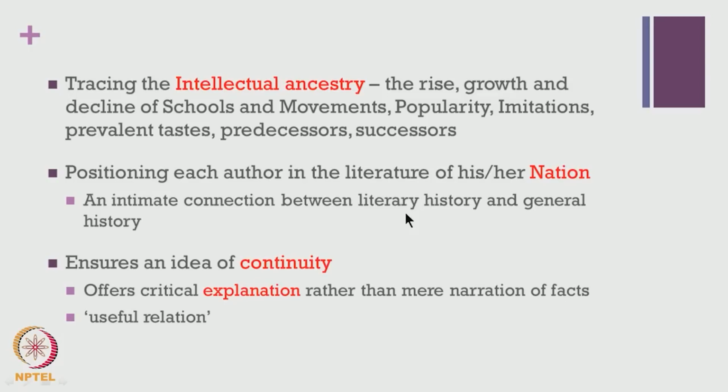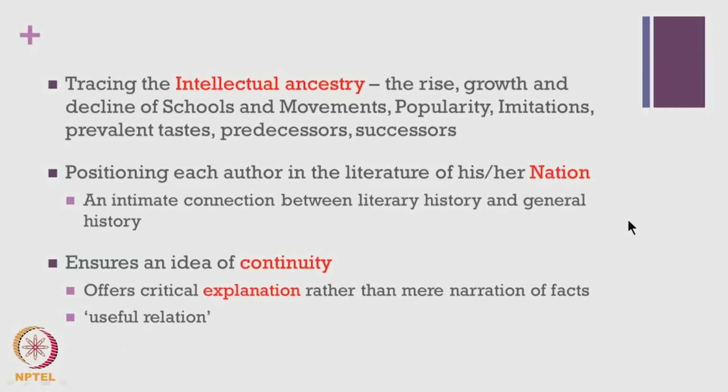So, this intellectual ancestry is very important, not just for understanding literary history, but also for our understanding of a nation in general. It would be useful to remember that the origins of literary history are in fact very connected to the origins of the nation state itself.